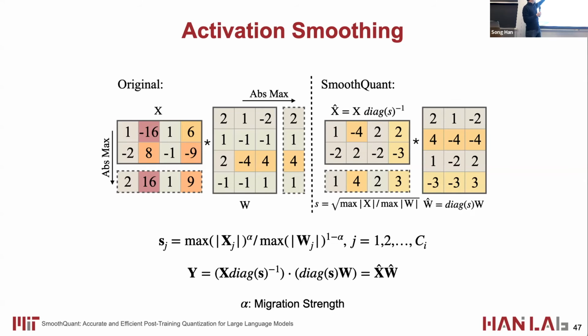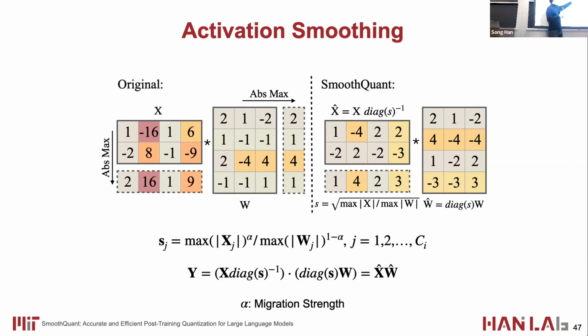We find the max of the absolute value. In this column, the max of the absolute value is 2. For this column it is 16. For this column it is 1, and this is 9. And here we find the max of the absolute value across the row dimension for the weight. So this row is 2.